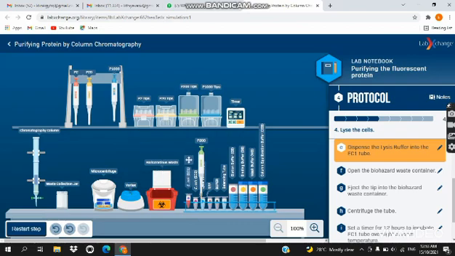So put back the lysis buffer at the EC1 rack.